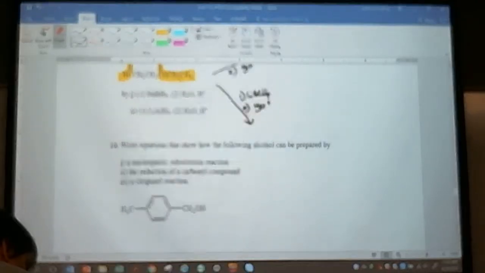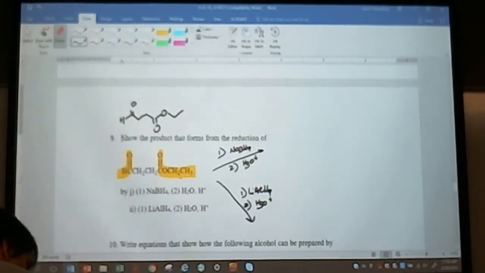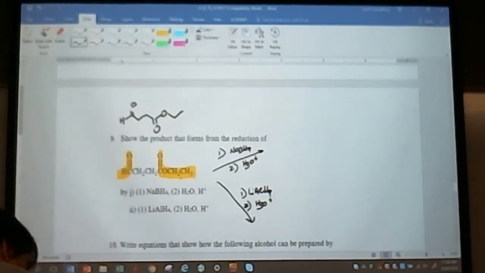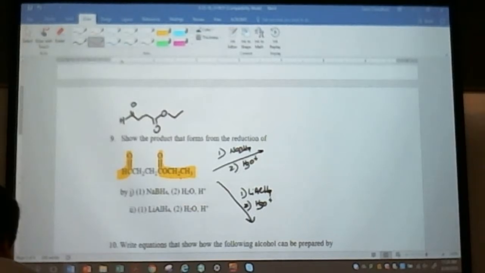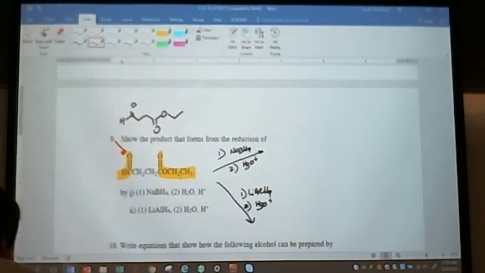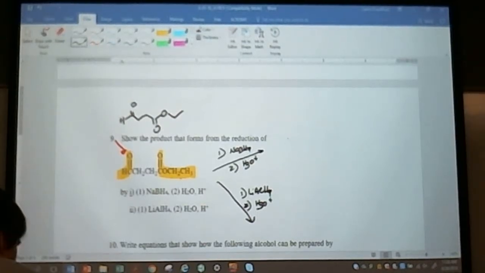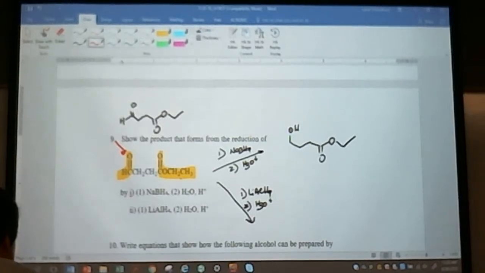Okay, so this is this molecule, right? I'm just drawing it with line angle formula. Sodium borohydride is going to touch the aldehyde, but not touch the ester. So the aldehyde is going to be reduced to this alcohol, but the ester is going to be untouched. You need to keep track of your carbons, right?